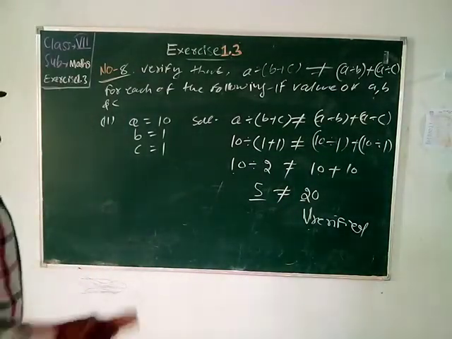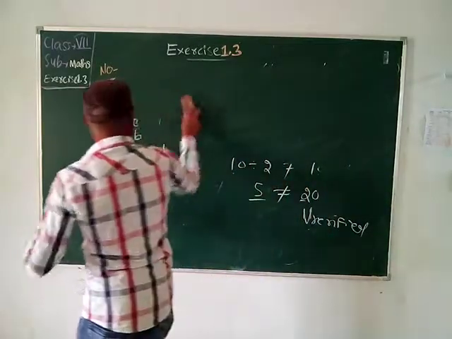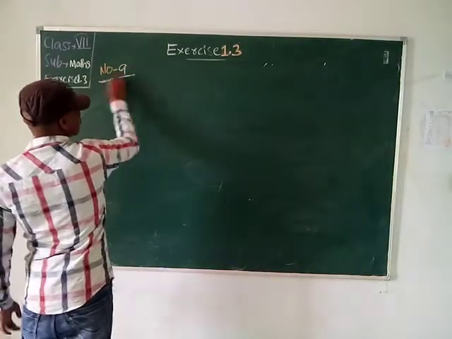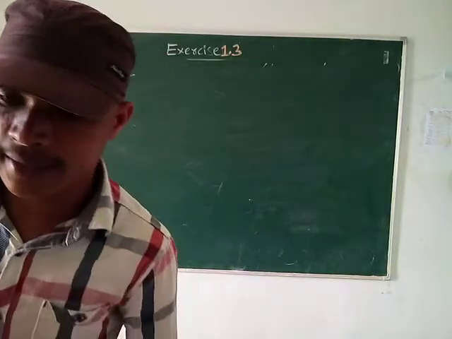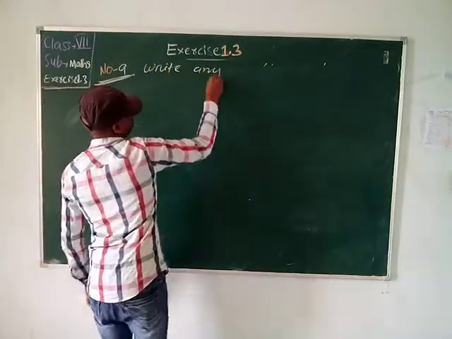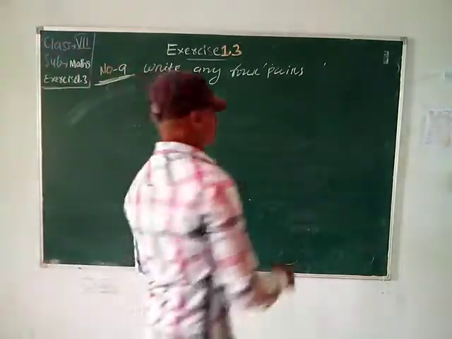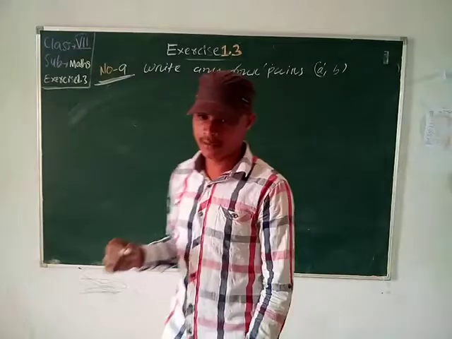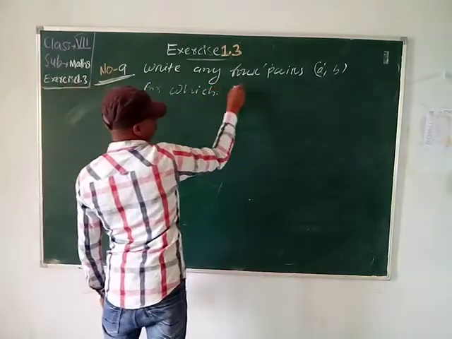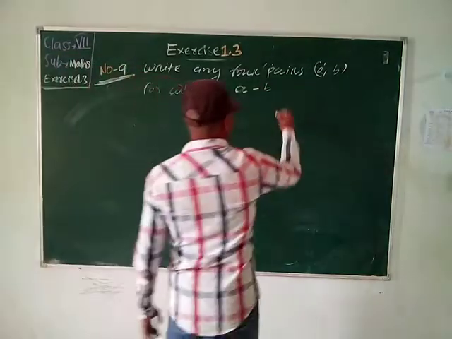Now we will do number 9. Write any 4 pairs of numbers a and b for which a divided by b equal to minus 2.